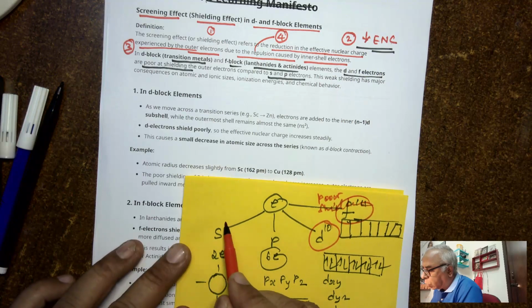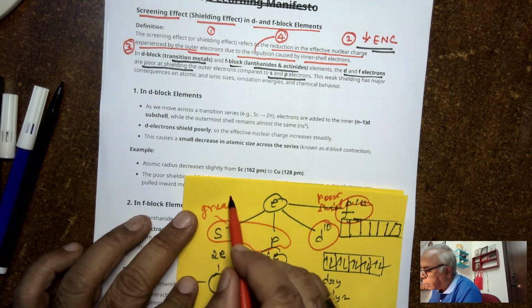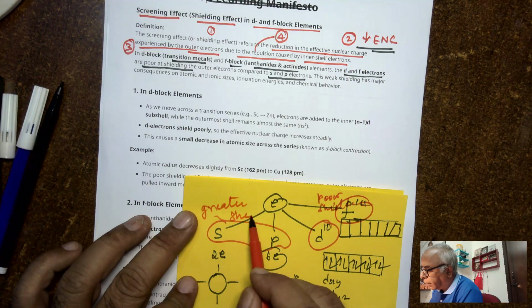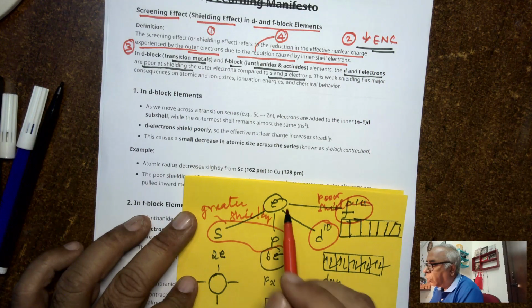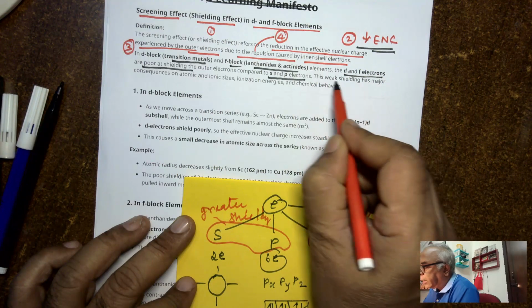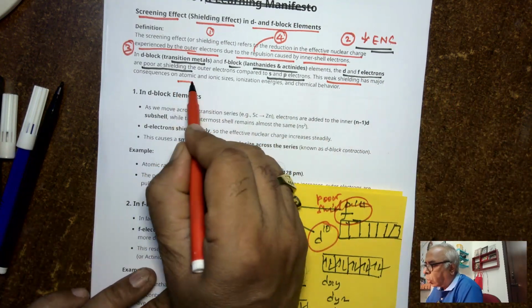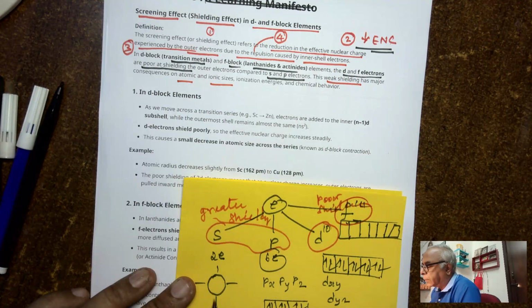So sp electrons have greater shielding effect. Right. So this weak shielding has major consequences in atomic and ionic sizes, ionization energies, and chemical behavior.